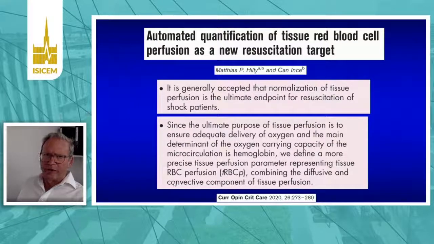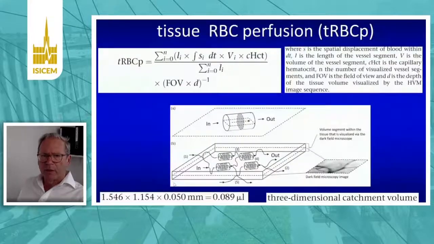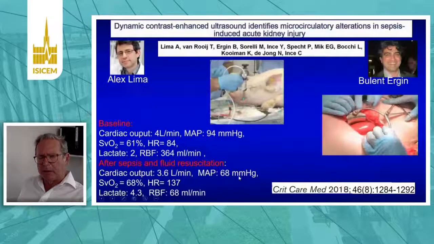It is not only the convection, but it is also the perfusion. So we introduced the tissue red blood cell perfusion as a component which tells you the number of red blood cells going through a field of view in our resuscitation.